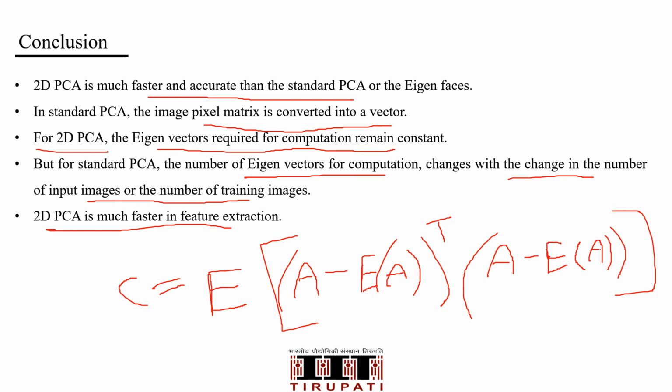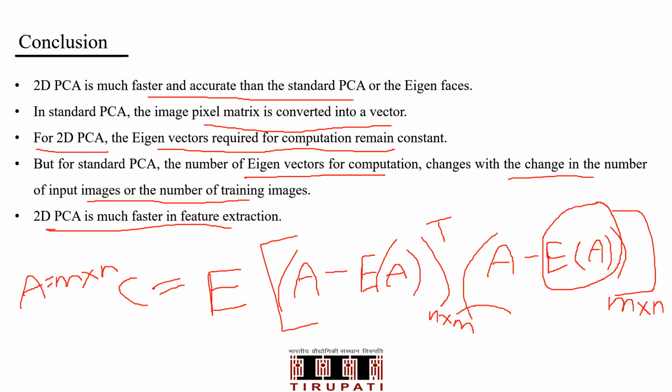Here, for example, let us consider A is of size m cross n. Then here it will be n cross m, and it will be m cross n, because expectation of A is mean, which is a constant.